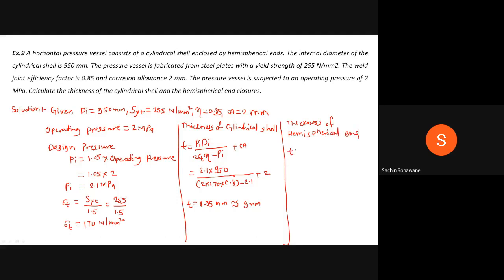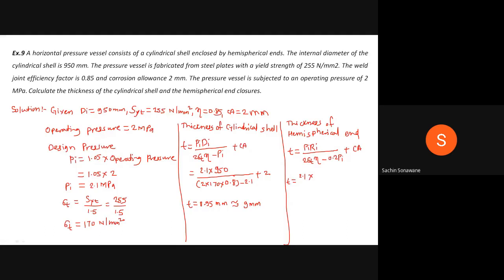T is equal to, write down the formula for hemispherical end: PI into Ri divided by 2 sigma T into efficiency minus 0.2 PI, plus corrosion allowance. PI means 2.1.